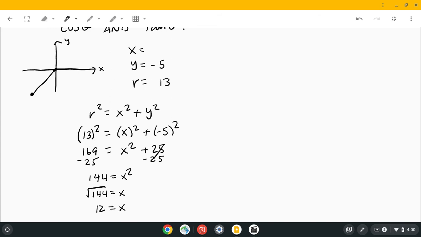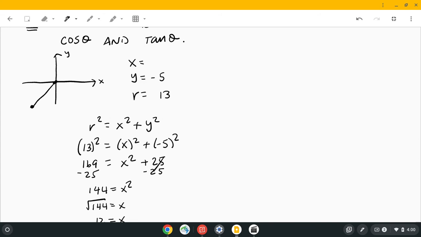All right, so let's take a look at this though. If we say that this is 12, does that really make sense? And then that this y value over here is negative 5. Does that make sense?